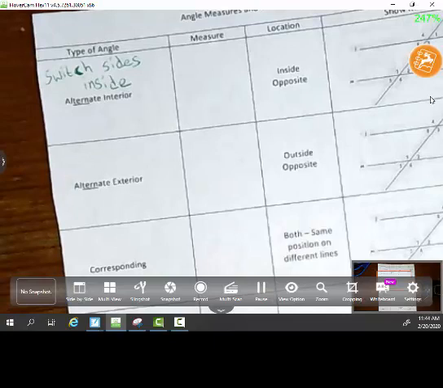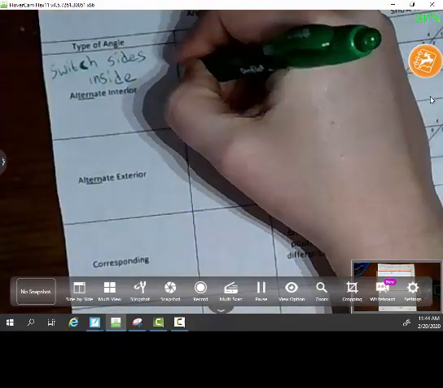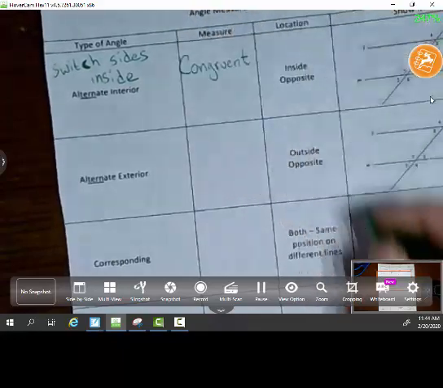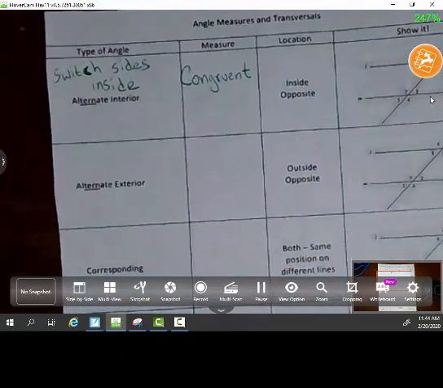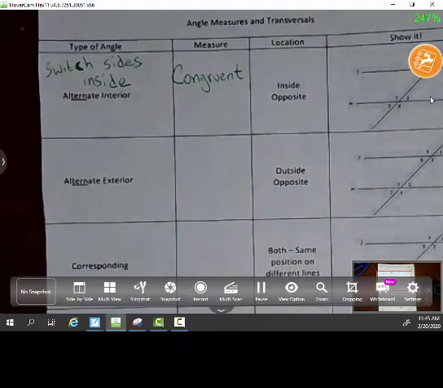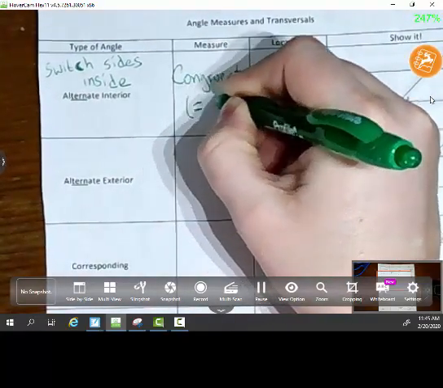That is what alternate interior means. Their angles are congruent. What does it mean to be congruent? Same, aka equal.